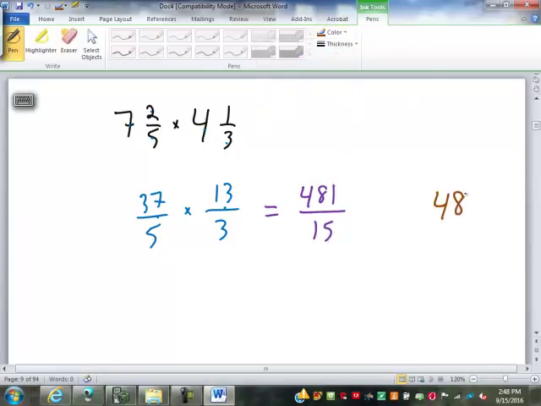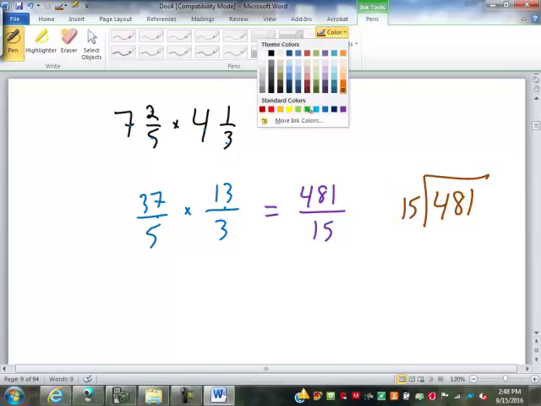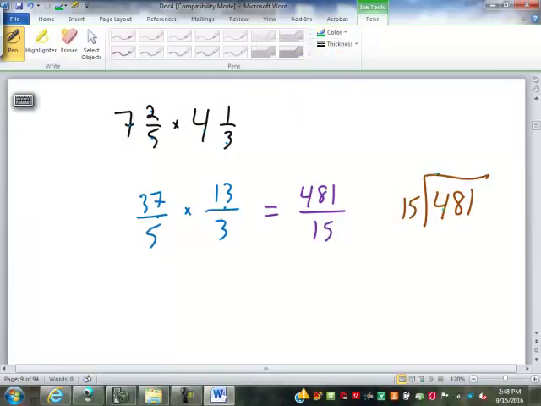So now we're going to reduce that. 481 divided by 15. 15 does not go into 4, so that's a blank. 15 goes into 48 3 times. So 3 times 15 is 45. We subtract to get 3. Bring down the 1. 15 goes into 31 twice. 2 times 15 is 30 with 1 left over.